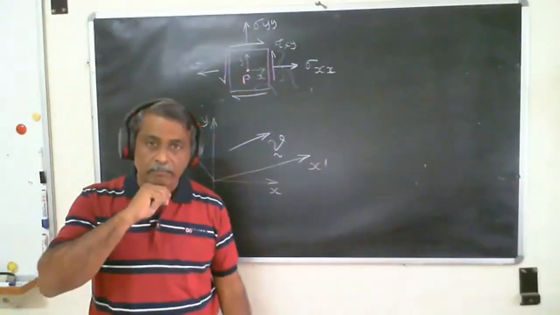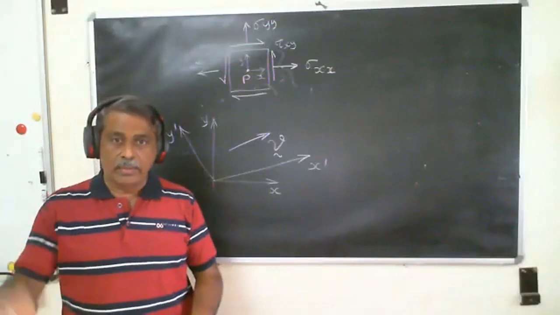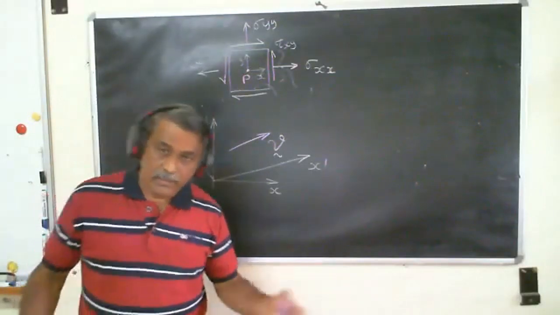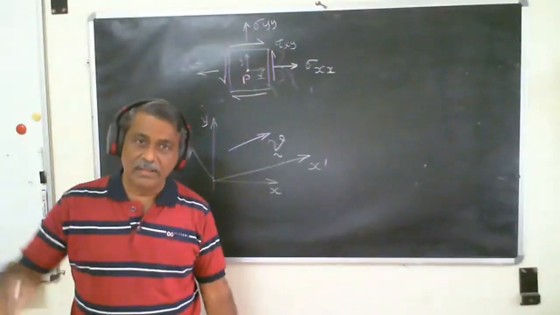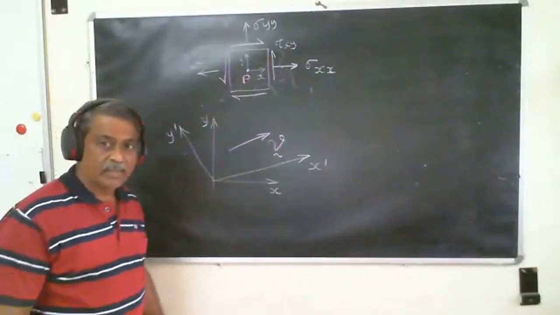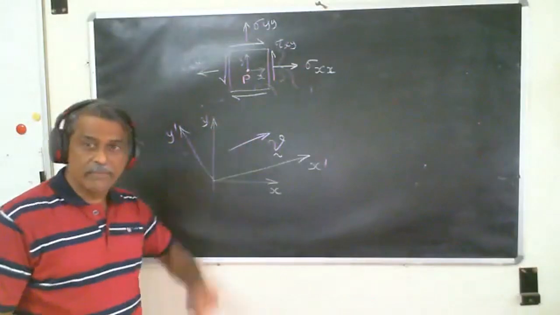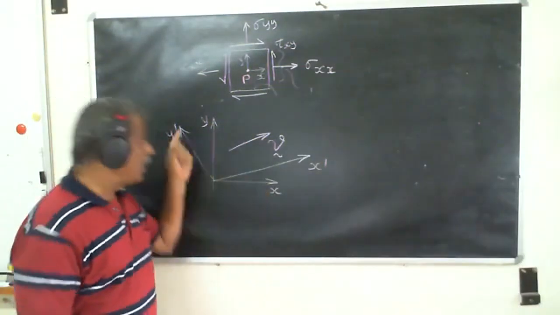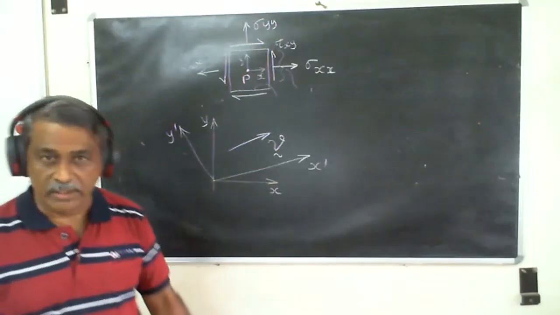I'll repeat it again. When I'm looking at somebody who is upside down, the person who is actually lying, who is another reference, is seeing the other person just tilted 90 degrees. To describe the same vector, how do I describe it with respect to each one of them becomes a question, correct?